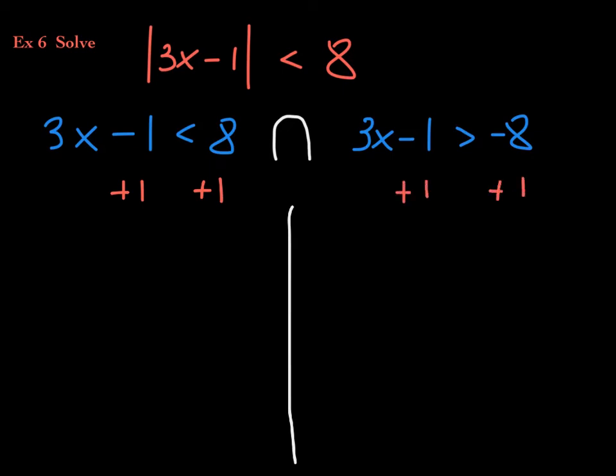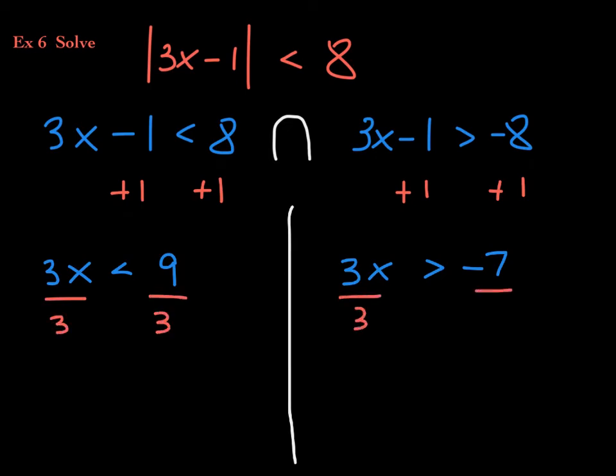So that leads me to 3x is less than 9, and 3x is greater than negative 7. What I'll do next is divide by 3. And so I have my final statements, which are x is less than 3 and x is greater than negative 7/3.